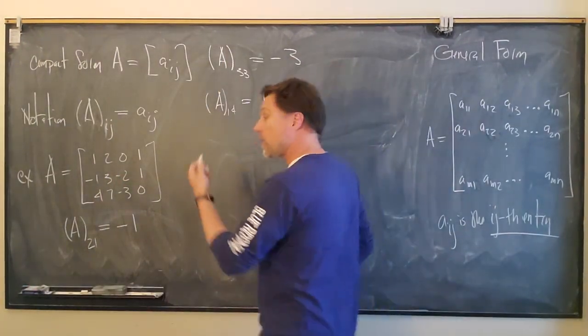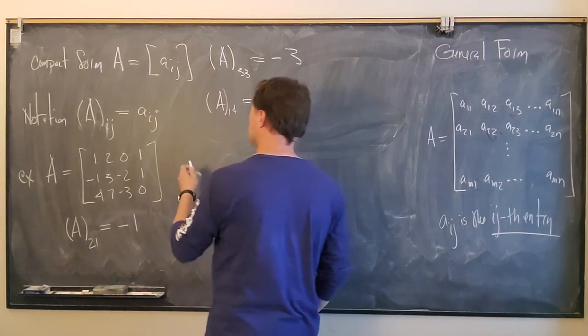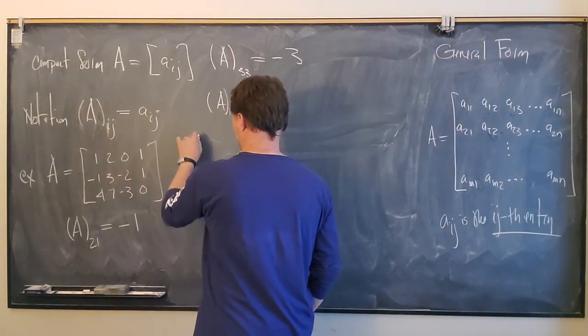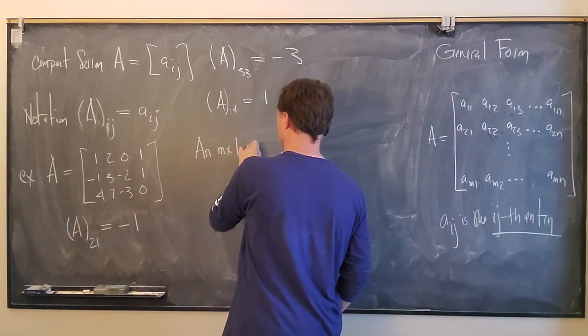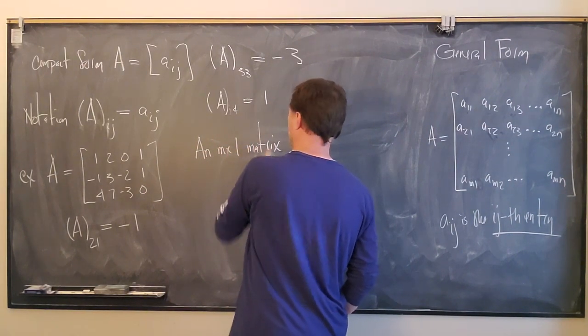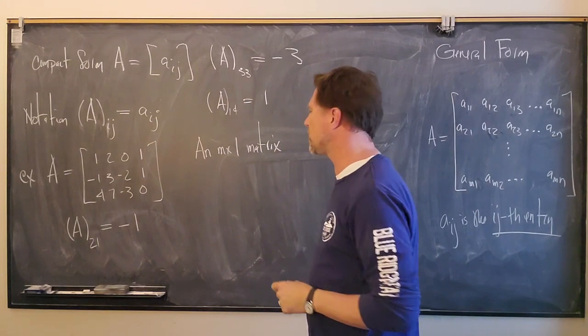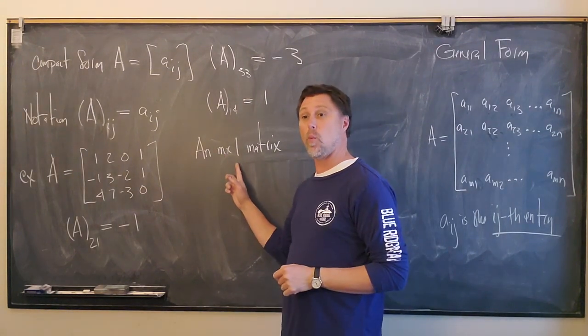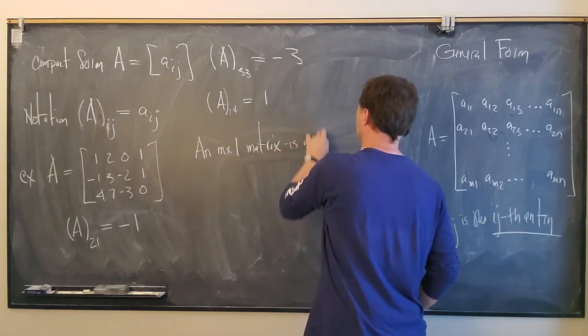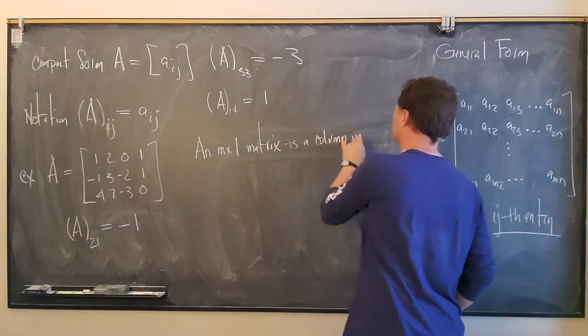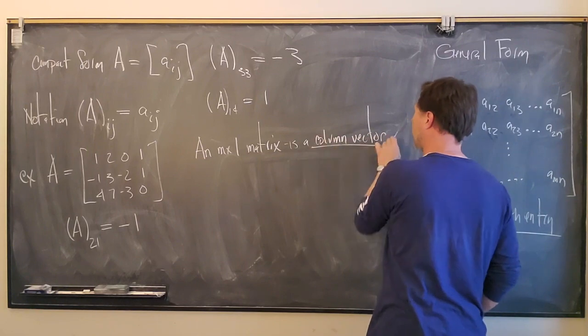Right, so there's a couple of special matrices also. An m by 1 matrix. So what that means is it's going to have m rows and 1 column. So this is a column vector.